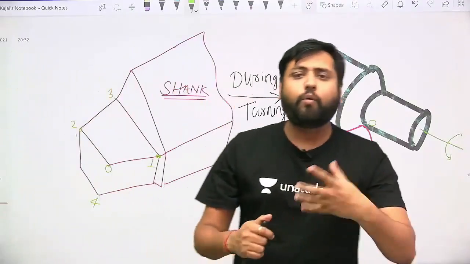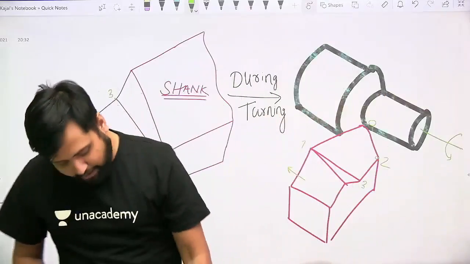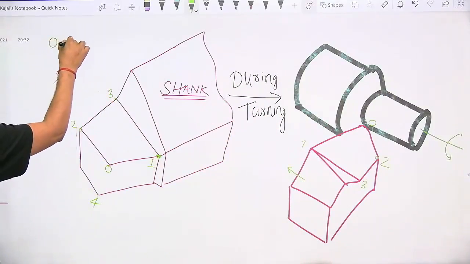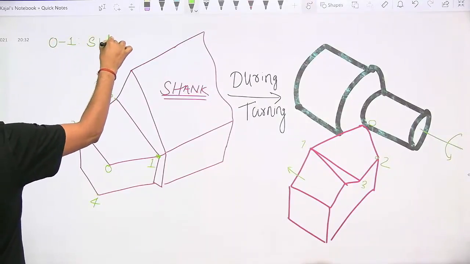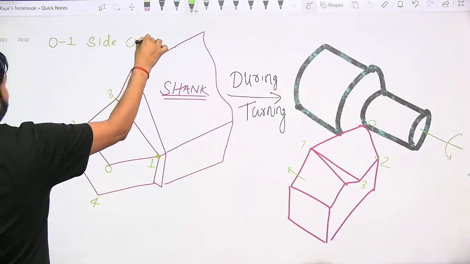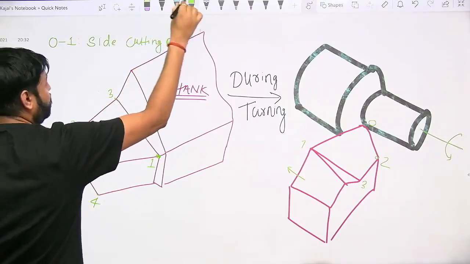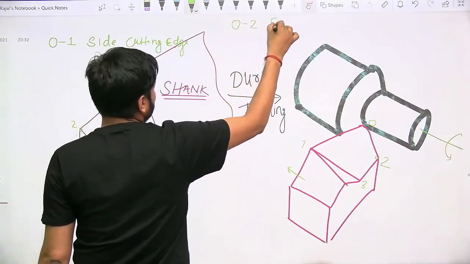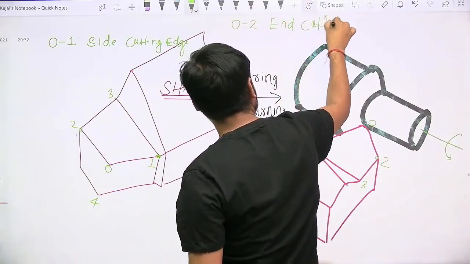That's why this 0-1 is what we call the side cutting edge and 0-2 is what we call the end cutting edge. So this 0-1 here, my dear lovely students, is what we call the side cutting edge, and 0-2 is what we name as the end cutting edge.